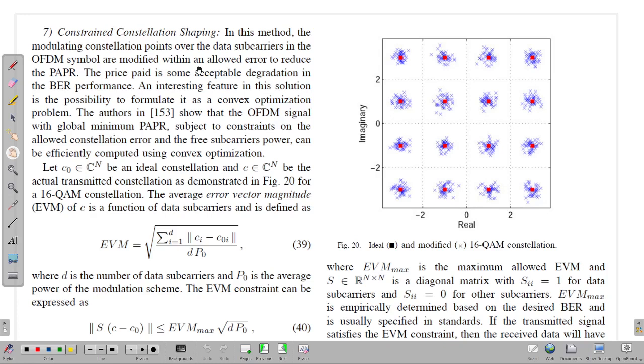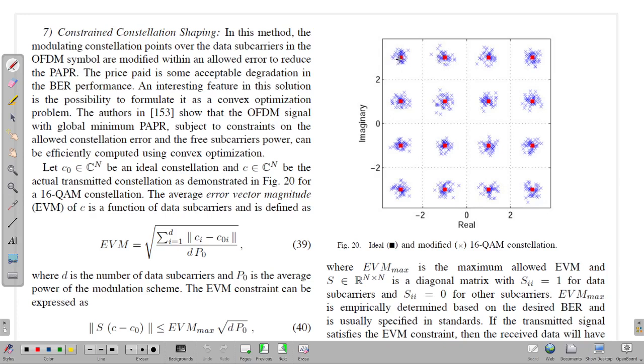In ACE, the feasible regions were divided based on extending the points outward. So here it is not a mere extension outward that is happening. Here the feasible regions are somewhere around this constellation point. Okay, so if you understand active constellation extension, this constrained constellation shaping is easy to understand.